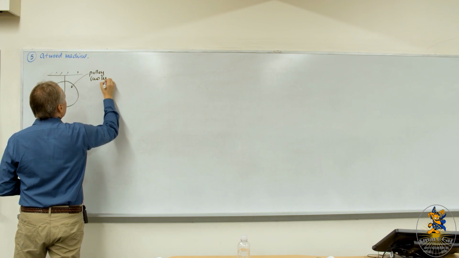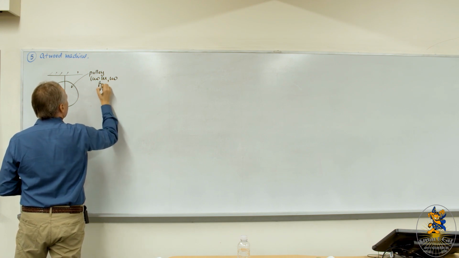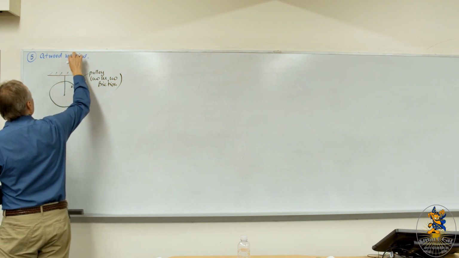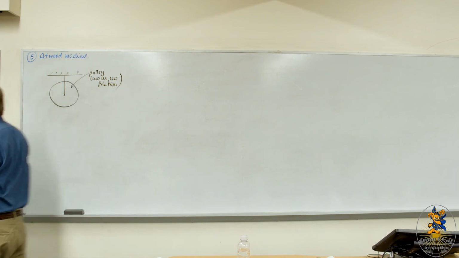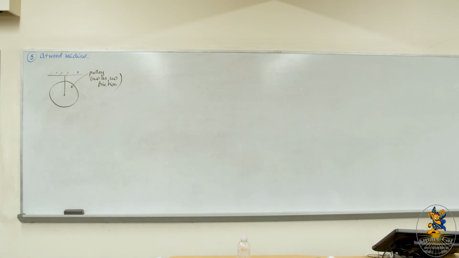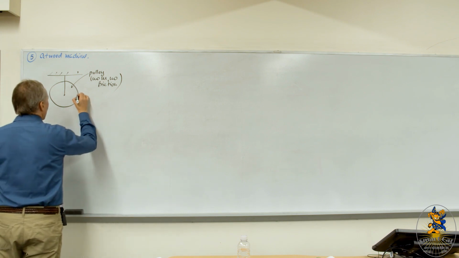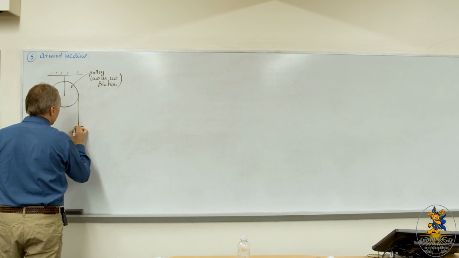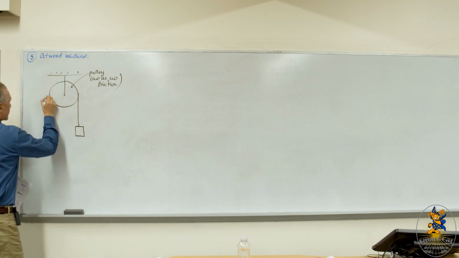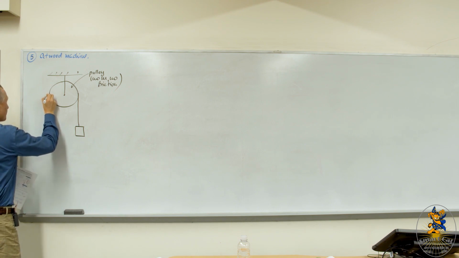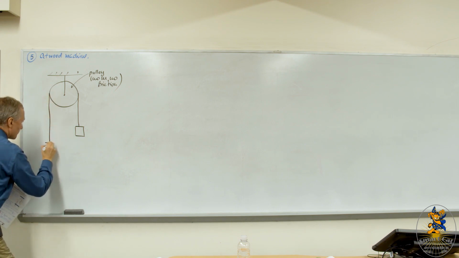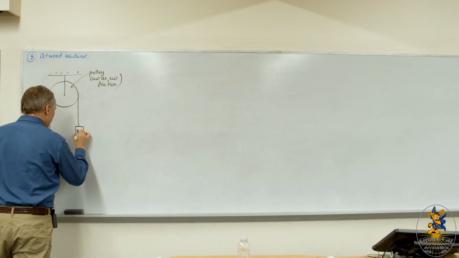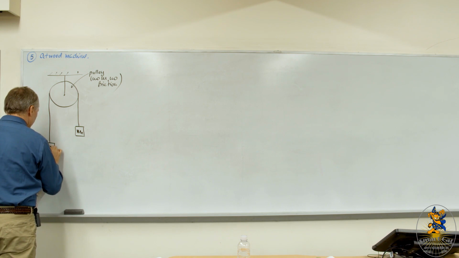No mass, no friction. Atwood machine. It's a classic mechanical system. And so there are 2 objects. One is hanging on this side. One is hanging on that side. So this is M1, this is M2.